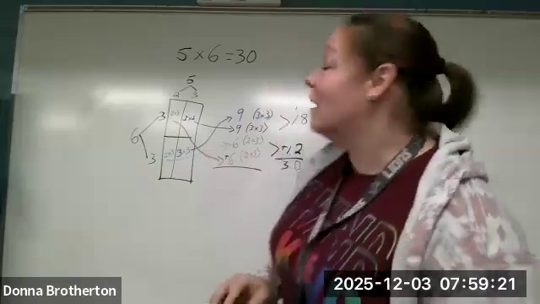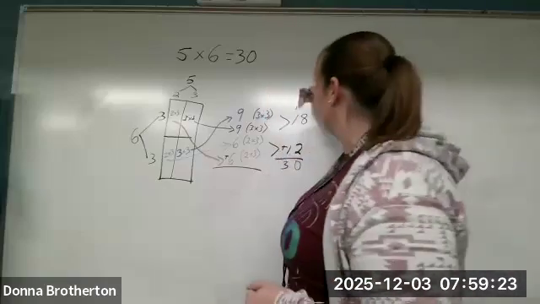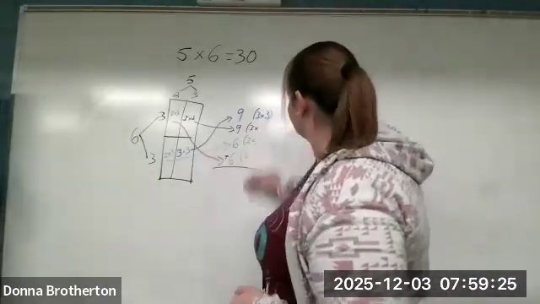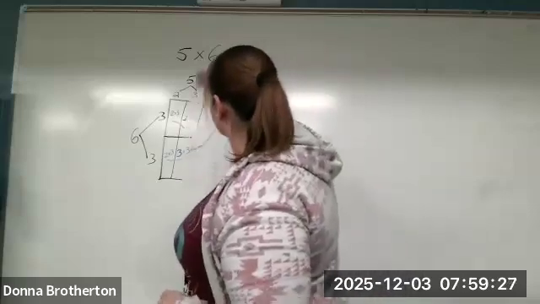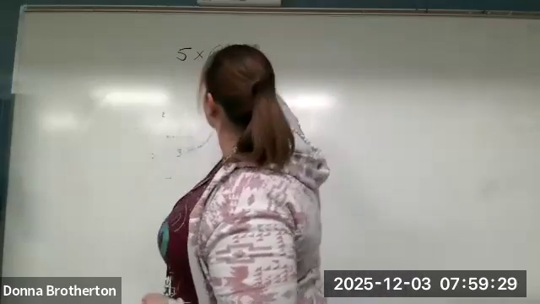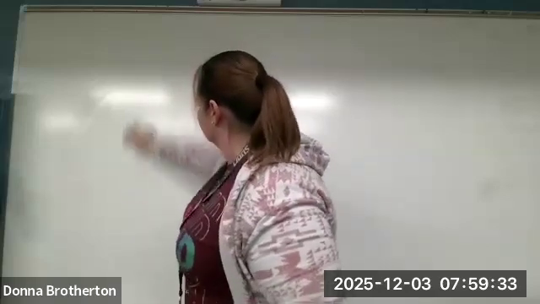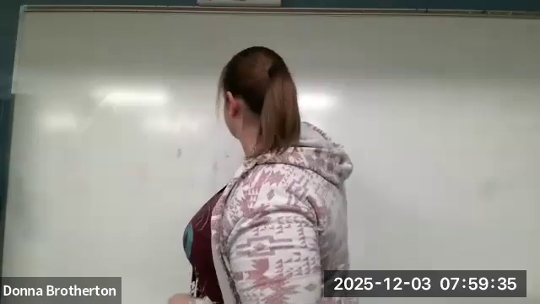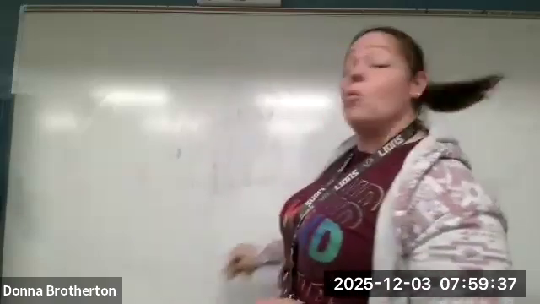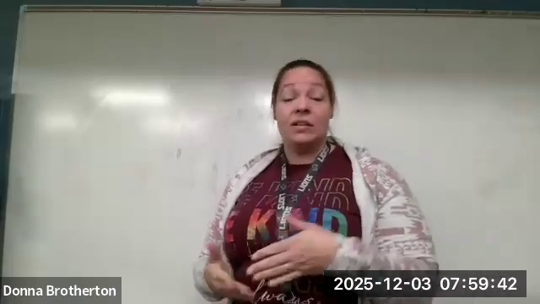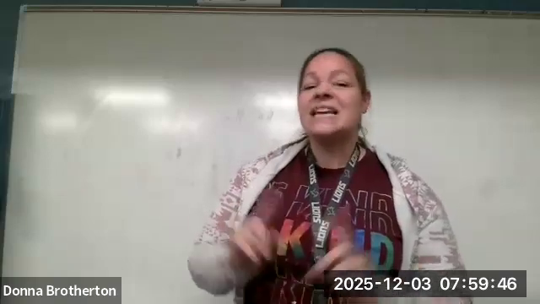Perfect. What I'm going to do now is I'm going to challenge us a little bit. All right. What I'm going to do now is we're going to take that same area model and we're going to decompose two-digit numbers instead of just two single numbers.